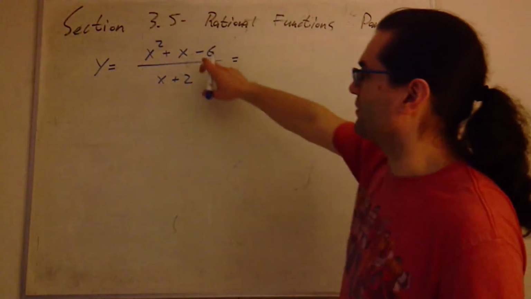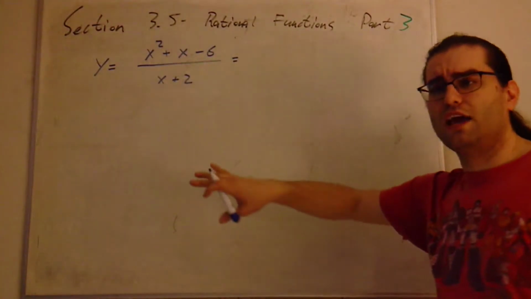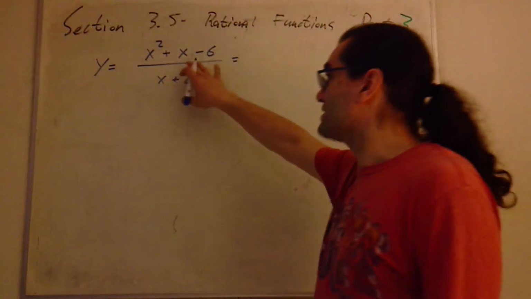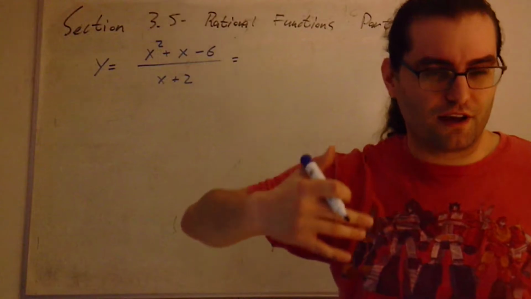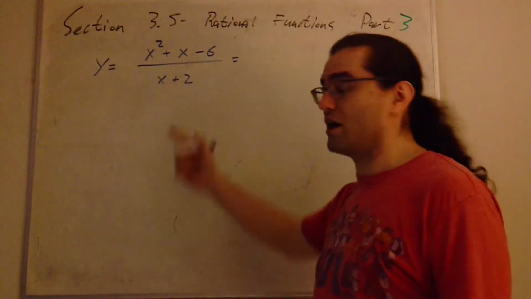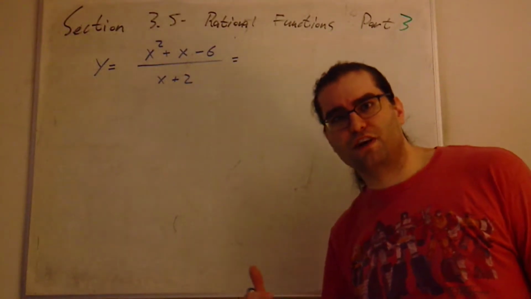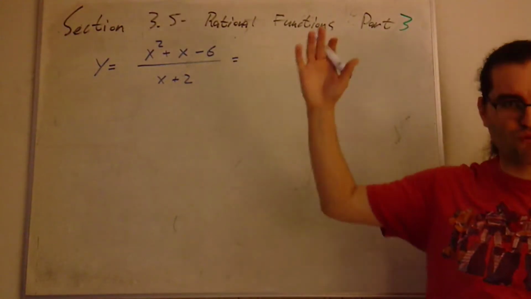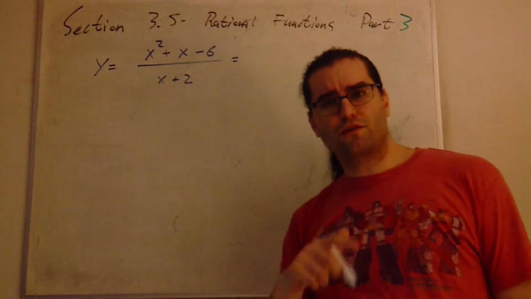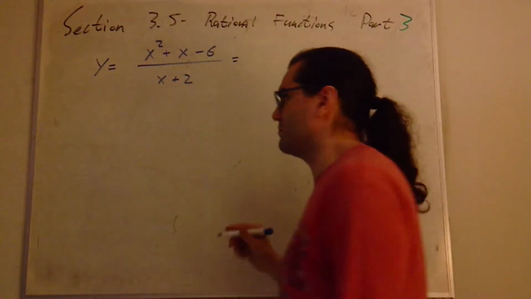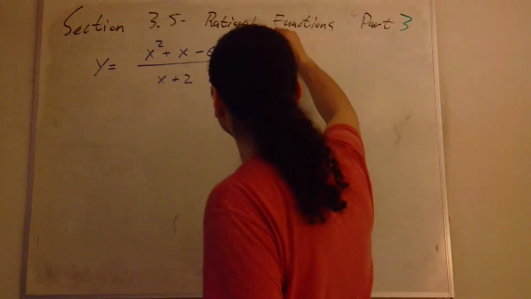You're going to see a lot of quadratics here, and if you're going to set the top equal to 0 to get your x-intercepts, and set the bottom equal to 0 to get your y-intercepts, it makes this go much faster if you just factor everything right at the beginning. There are other reasons that this is a good idea, and I'll talk about them more in a bit. But for now, I'm just going to factor.